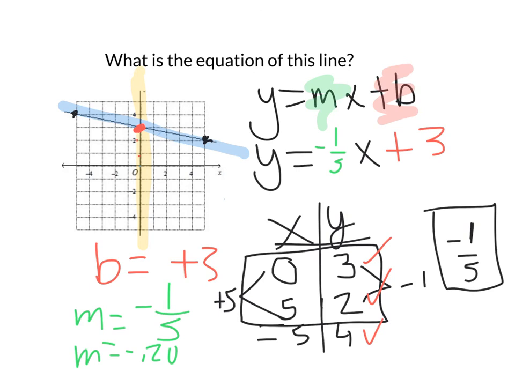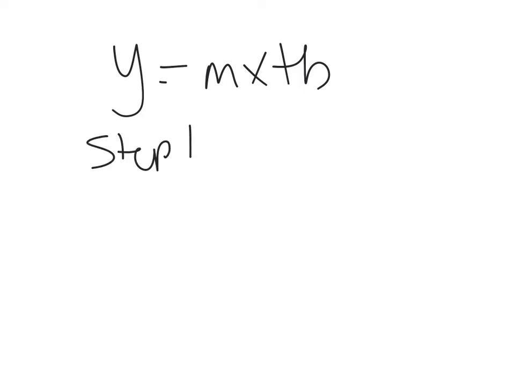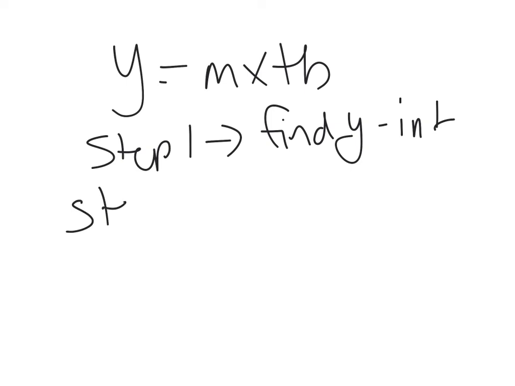So again, reviewing the steps here. Looking for an equation in y equals mx plus b form from a graph, step 1 is to find the y-intercept. Then step 2 is to make a table.